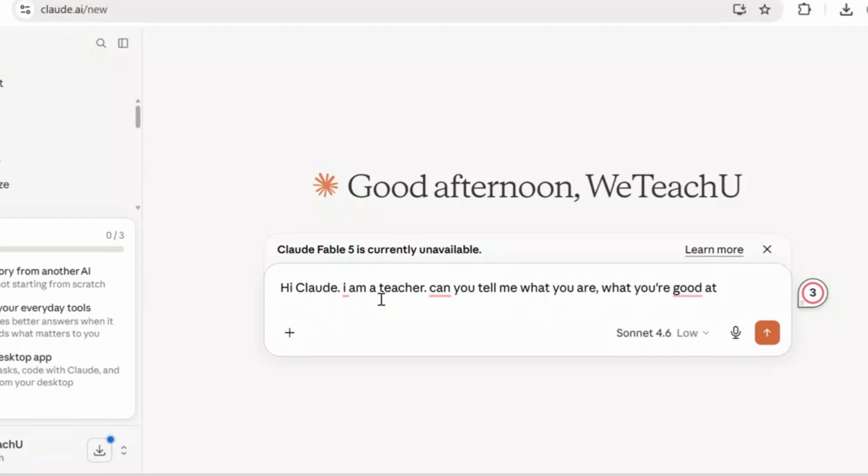Because I'm a teacher and I need to know exactly what Claude can provide me with and what your limitations are. Because, you know, every large language model has limitations. What your limitations are, please be honest.